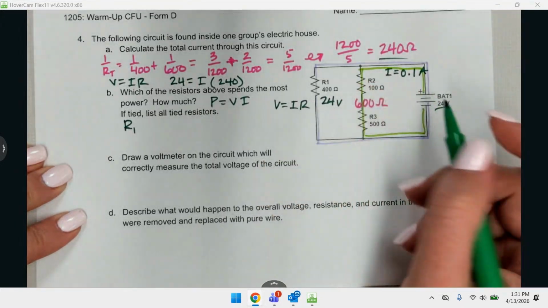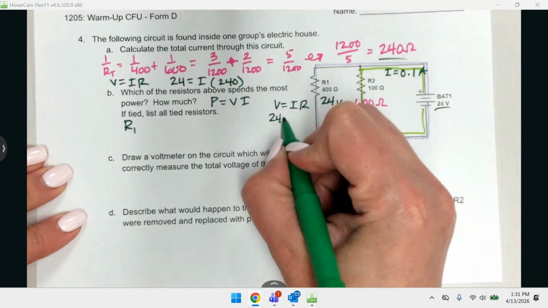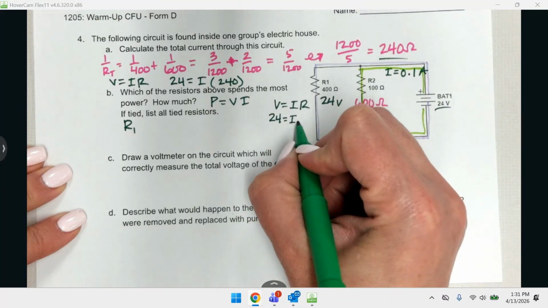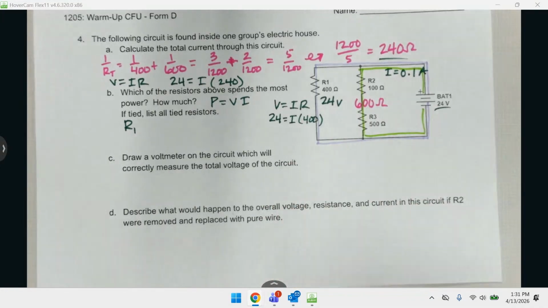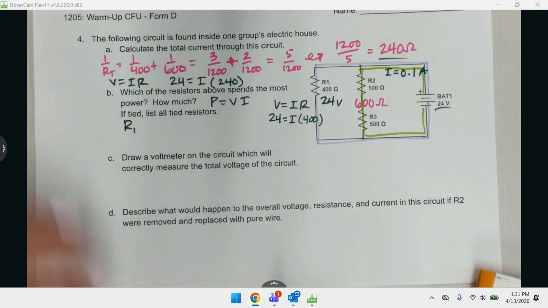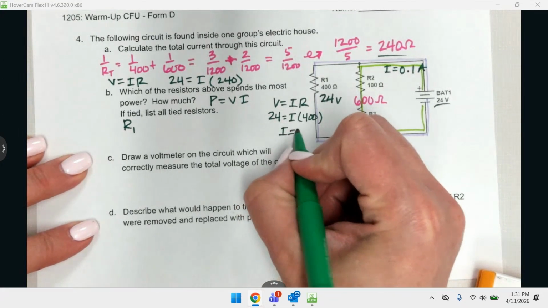V equals I times R. My V here is 24. I'm looking for the current, and the R is 400. And so if I want to solve for that current, it's going to be 24 divided by 400, which I'm going to put in the calculator. And that's going to give me a current of 0.06.